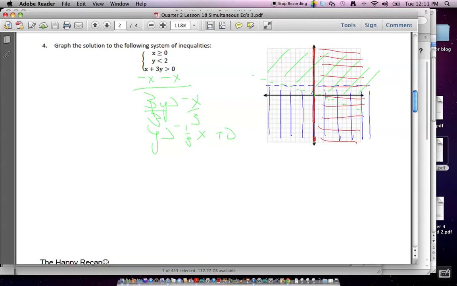Now, the only thing is, I need to shade in where they all overlap, which is right here. That's my solution set, where they all overlap. Okay? Does it make sense now that you have seen it? Yeah.